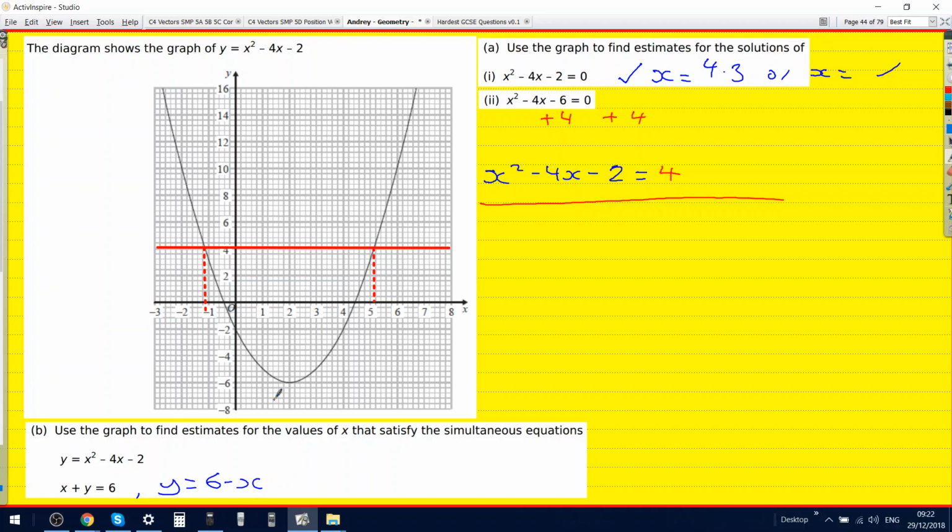I'm not sure. So you know how the first one, you use the line y equals 0, and then the second one you drew on y equals 4, and see where they cross over. Well, the third one you draw on y equals 6 minus x. Any idea how you draw y equals 6 minus x?